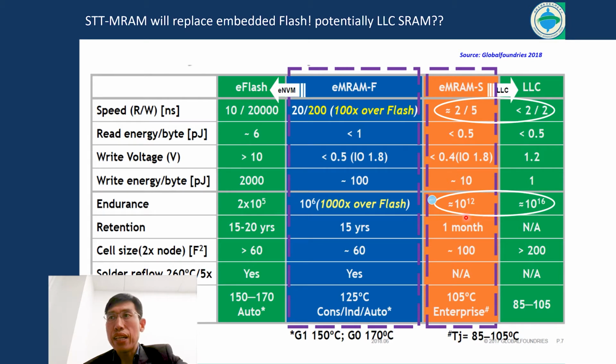So you can see that the endurance has a large difference between SRAM and STT-MRAM. This is why in AI electronics, we can use STT-MRAM to store weights, but we cannot use STT-MRAM to store data, because its lifetime is a limitation.